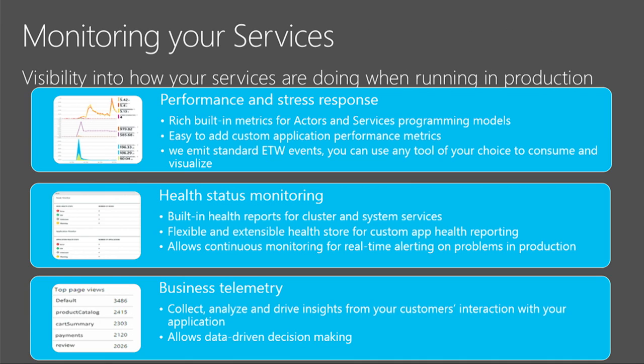The second piece was health status monitoring. There is a built-in health model which you get, which I talked about earlier. There are health reports which the system services provide for your cluster and for your applications. Since this health model is extensible, you can report your own health statuses for your services, applications, replicas, and partitions, and make it more informative.